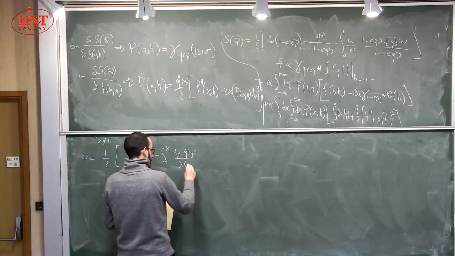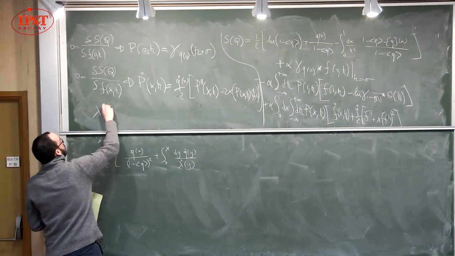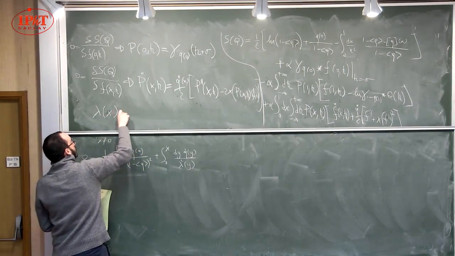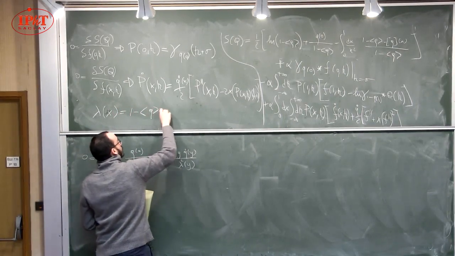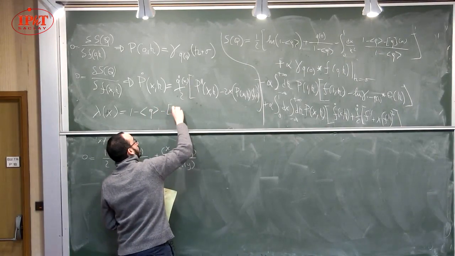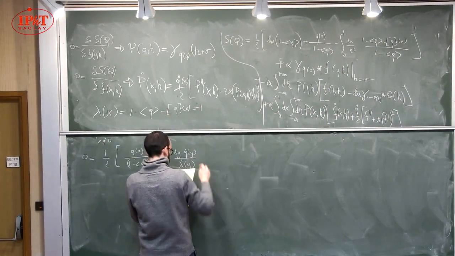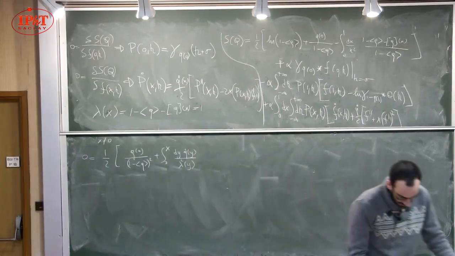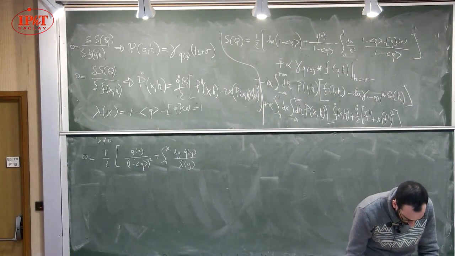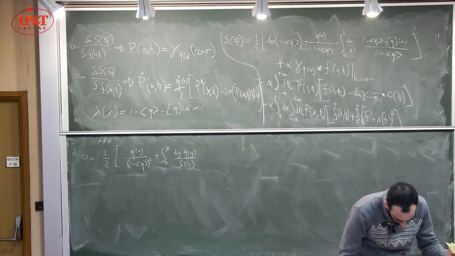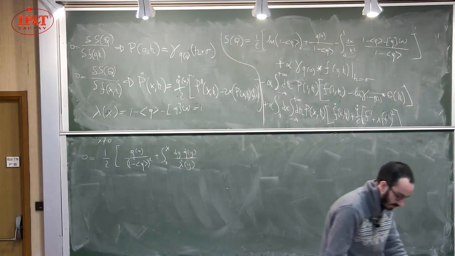And here I'm introducing lambda. So lambda is 1 minus q minus q of x. This is also equal to 1, but it's not very important.